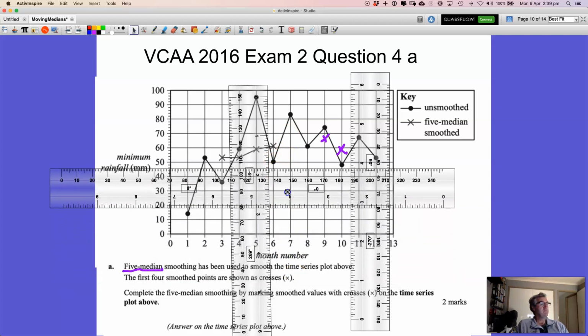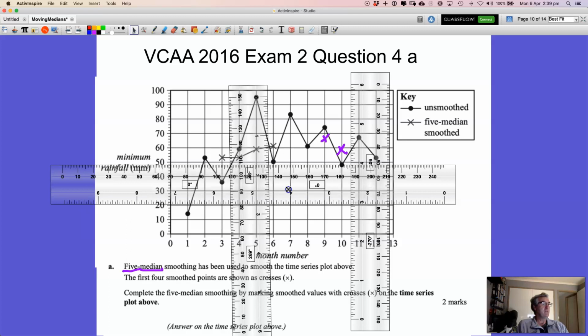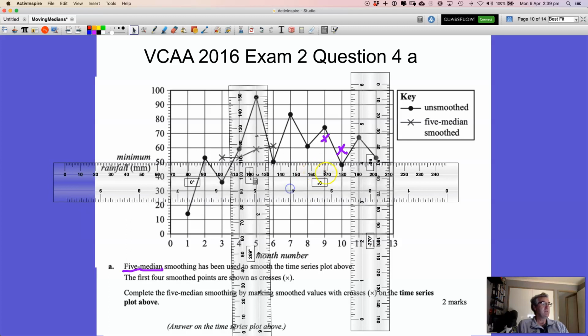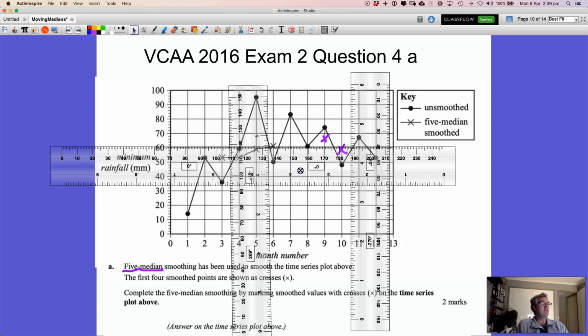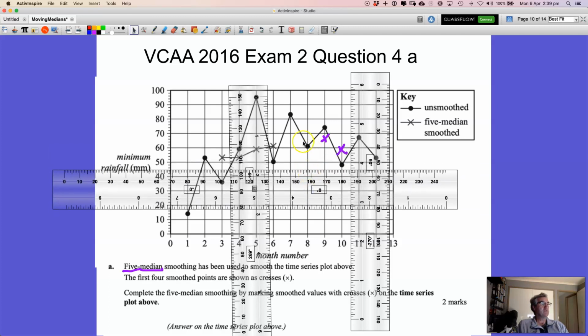Using this ruler, I'm looking for the middle point, the third one along. So first is there, second is here, and there is my third, right there. So I'm going to put a cross right there. So again, back to here, right on that dot there is the next cross.